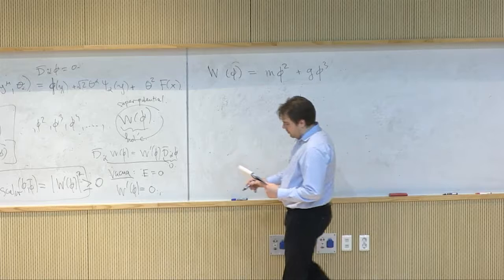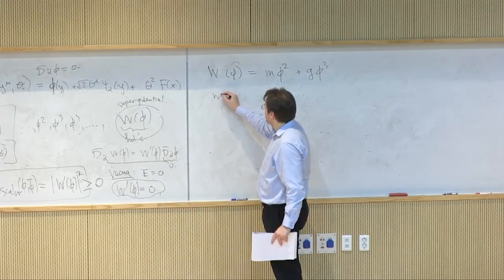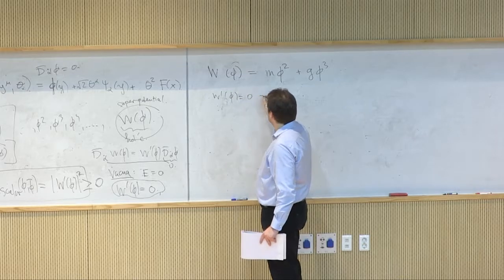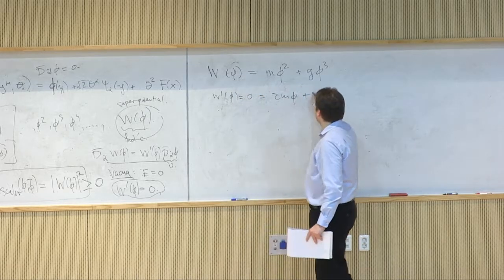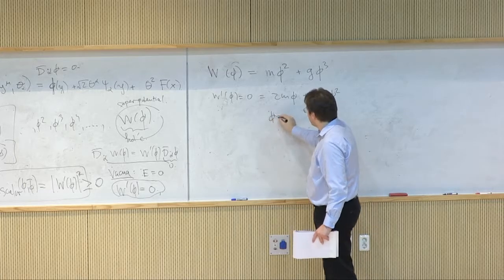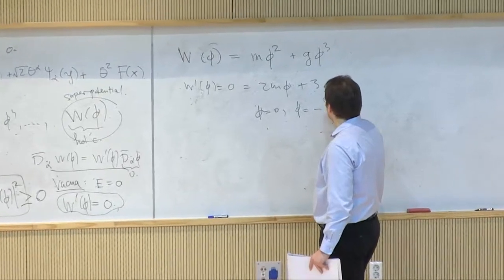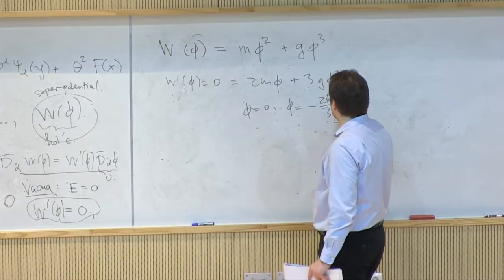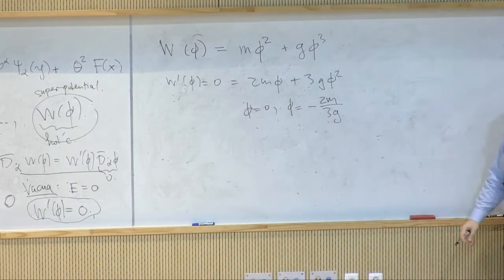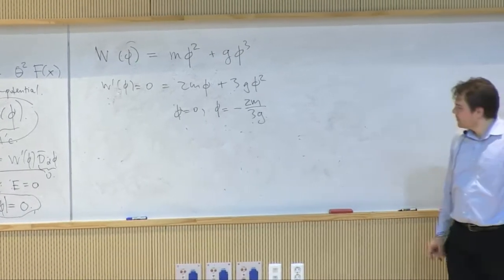And using this prescription here to find the minima, right, we have to just set W prime to 0. So W prime is this thing, and it has 2 zeros, one at phi equals 0, and one at phi equals minus 2m over 3g. So you see there are 2 nice supersymmetric 0 energy vacua.